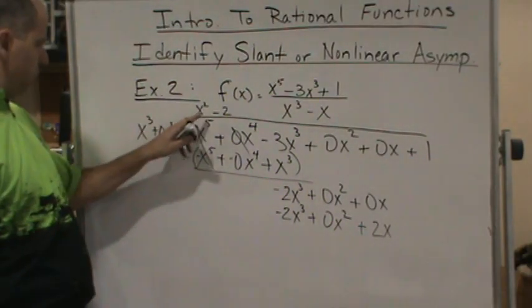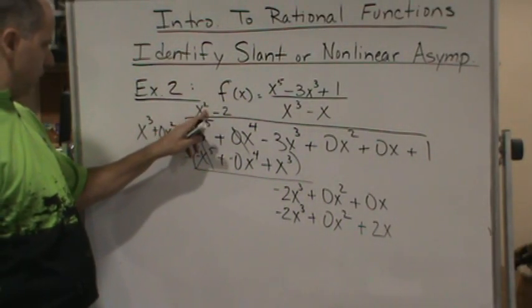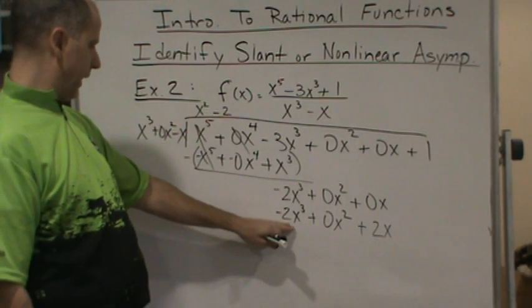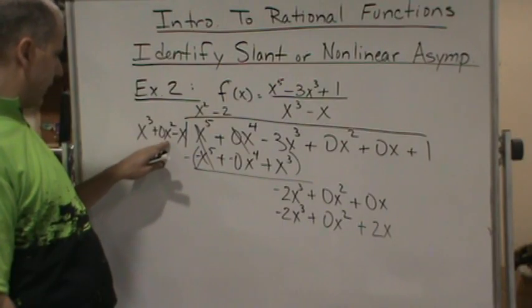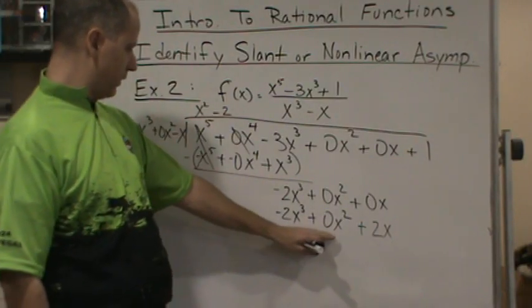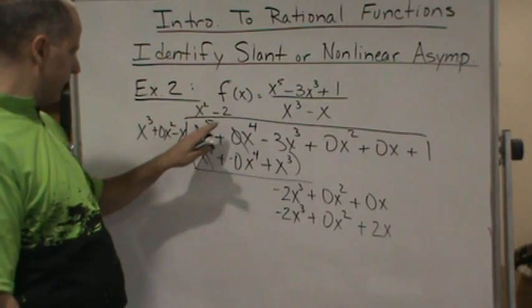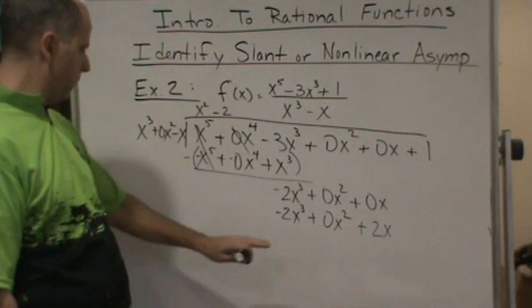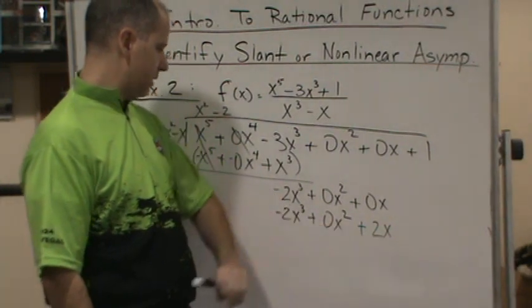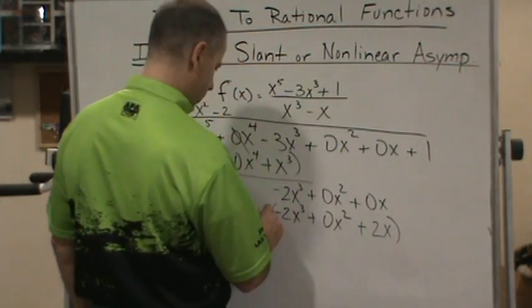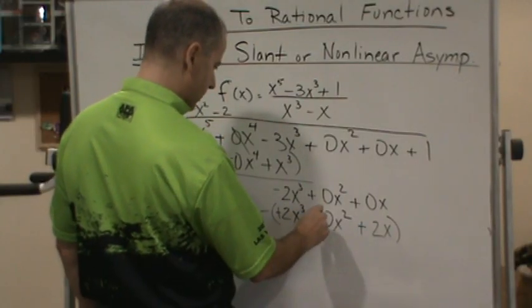So x cubed times -2 gives us -2x cubed. 0x squared times this is going to give us 0x squared. And then minus x times -2 is going to give us a positive 2x. And then of course we subtract, so that's going to make that positive.